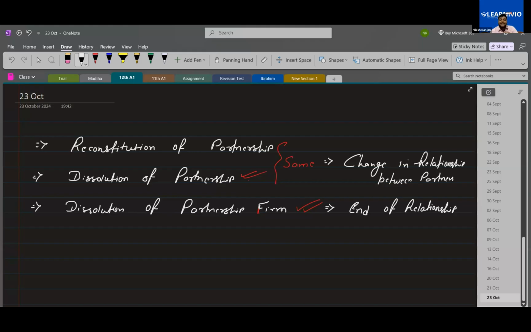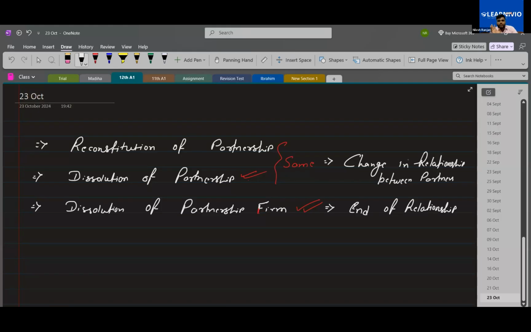But now we are discussing dissolution of partnership firm. It means we are closing our business, end of relationship. There will be no future business. All assets and liabilities will be either sold or paid, and there will be nothing left in the business.